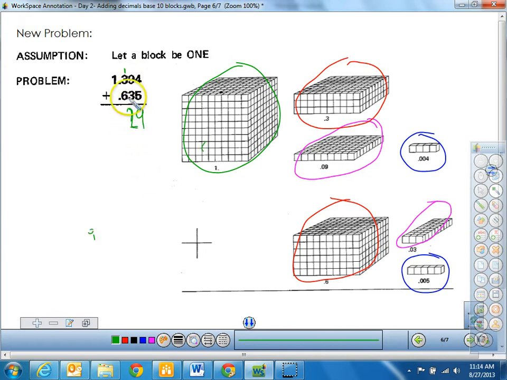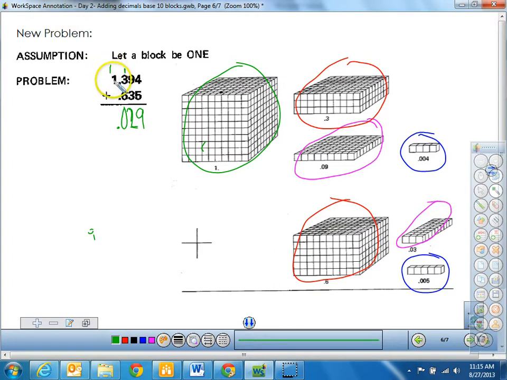So once I've left the 2 here, I'm going to go into my tenths and I'm going to add 1 tenth plus 3 tenths plus 6 tenths. That gives me 10 tenths. Remember, anytime we have 10, we get to convert it to the one above. So I don't have any tenths left over, but I need to put a 0 in there. I have to hold that tenths position. So I put the 0 here, and the 10 tenths I converted to a 1.